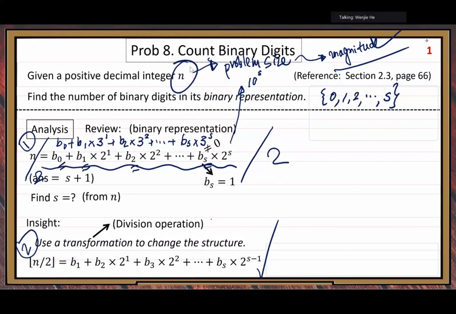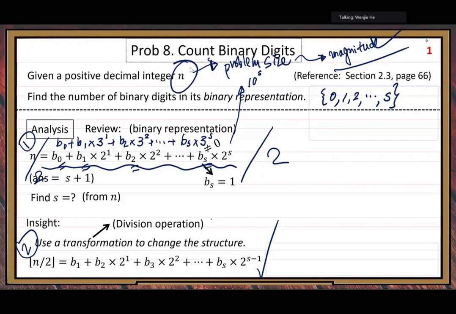So here you can see these two formulas related to the binary representation for two different problem sizes. So the same binary representation problem, but in two different problem sizes. That's our understanding.